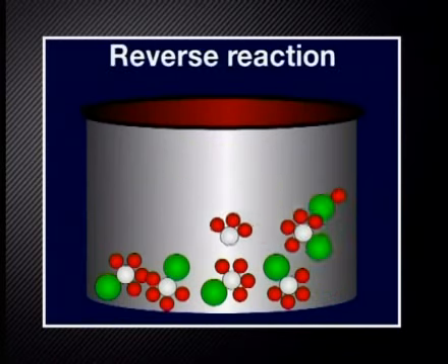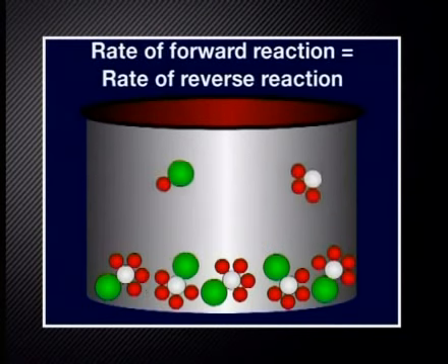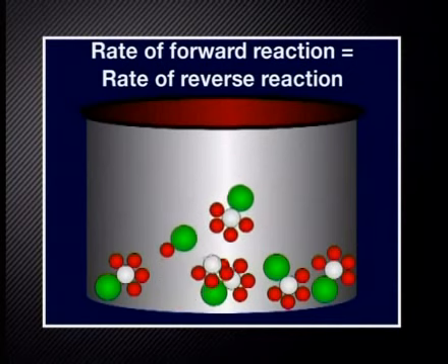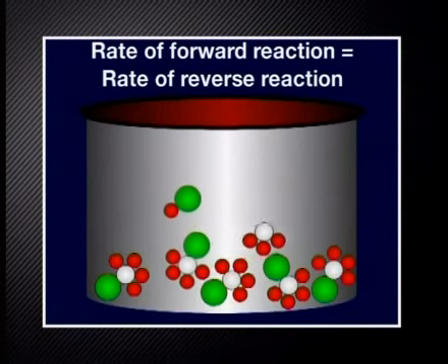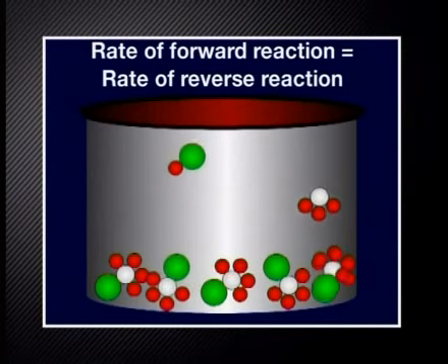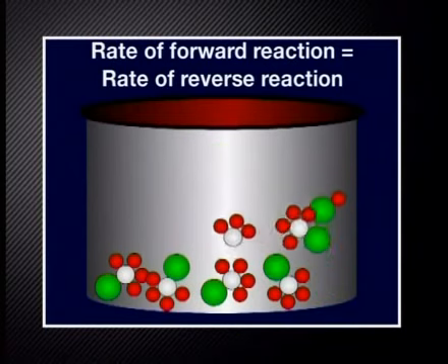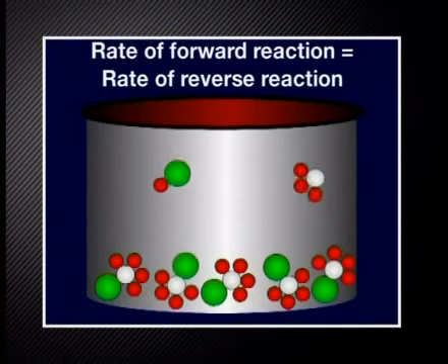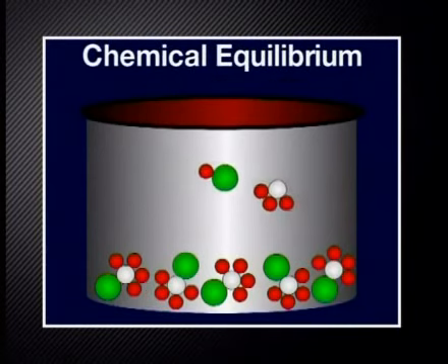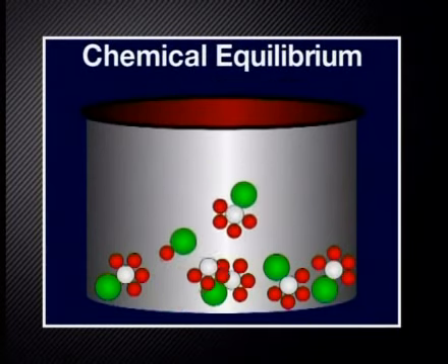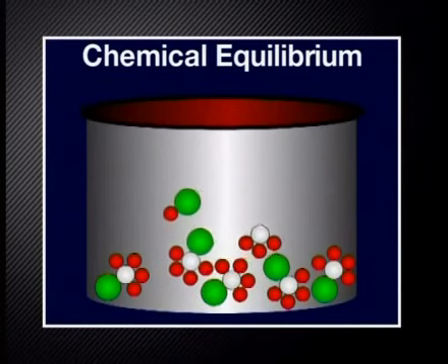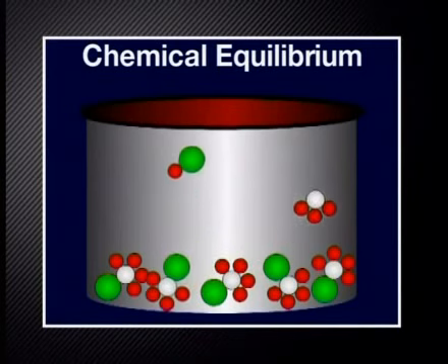This is the reverse reaction. Also notice that the total number of ammonia molecules and hydrogen chloride molecules remains the same. So the rate of the forward reaction must be equal to the rate of the reverse reaction. We call the dynamic equilibrium established in the closed system a chemical equilibrium.